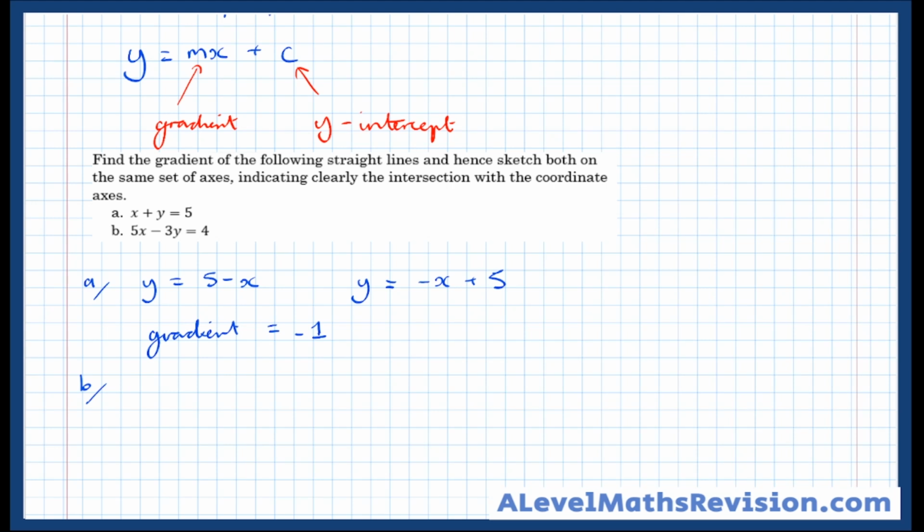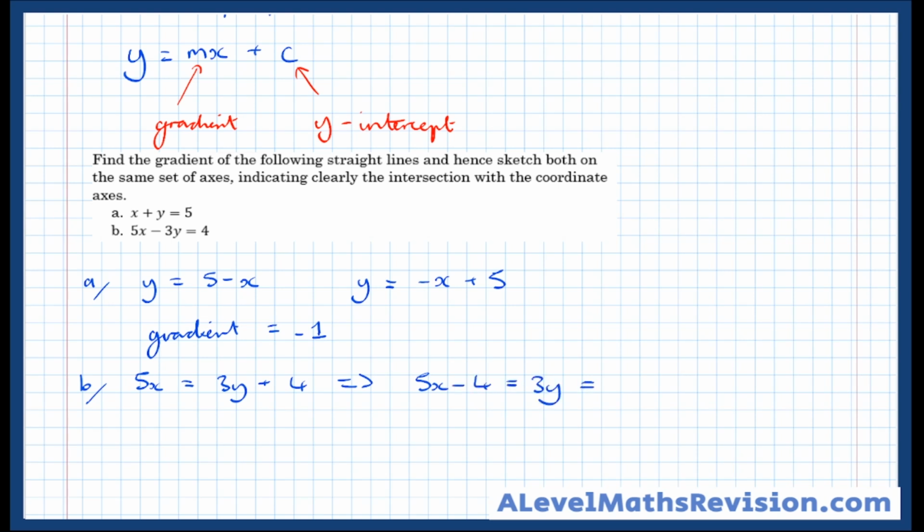Part B. Again, it needs to say y equals, and it doesn't currently. So we've got 5x equals 3y plus 4. Let's take the 4 over to the other side, which means that 5x minus 4 equals 3y.